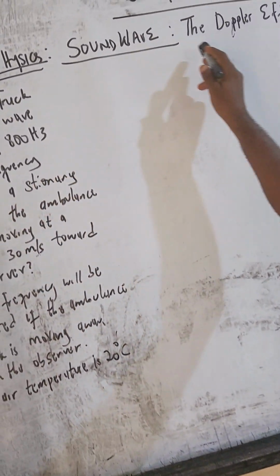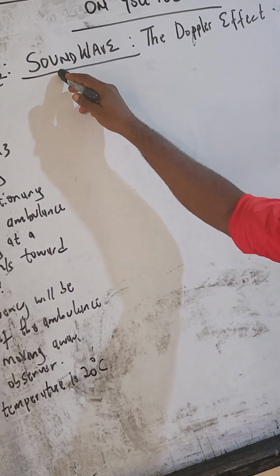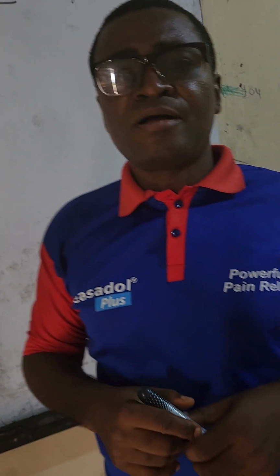But today we are taking a topic in physics, and that topic is the Doppler effect. This Doppler effect is under what is called the sound wave. What is the Doppler effect? It is an aspect of a topic in physics, discovered by a scientist called Johann Doppler.